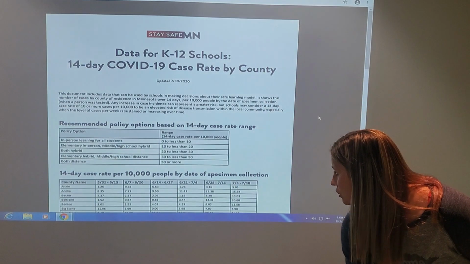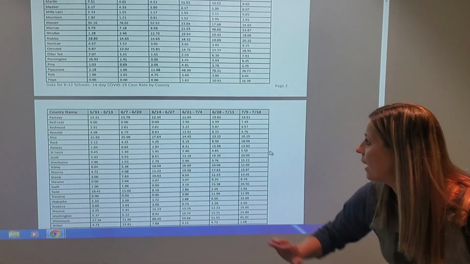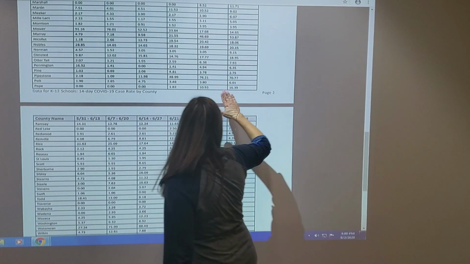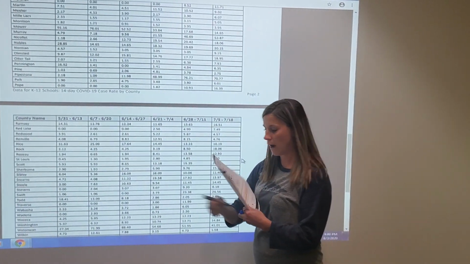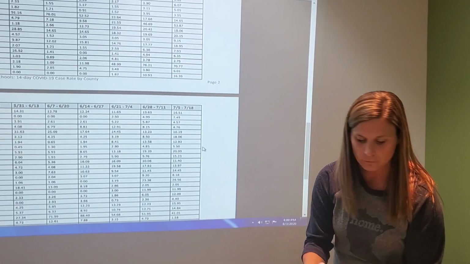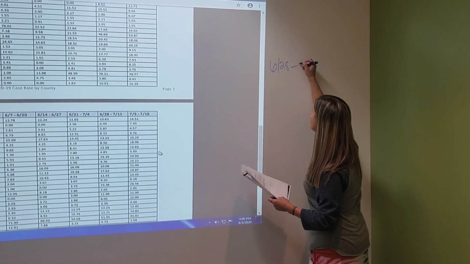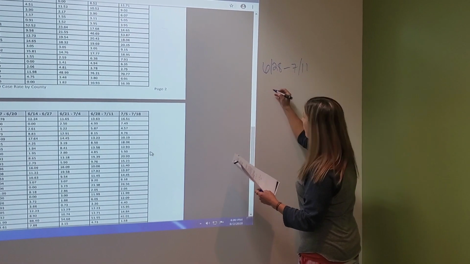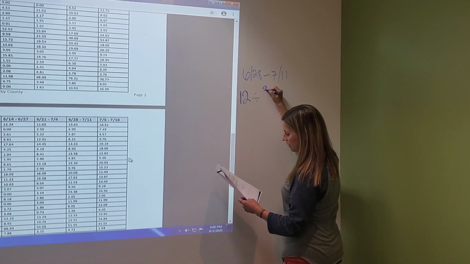While I do that, I'm going to scroll down so you can follow along. And you will see here on the bottom of page 2, Polk County was 6.01 and 3.80. So how we got to that number was, for 6/28 through 7/11, we took 12 divided by our population.